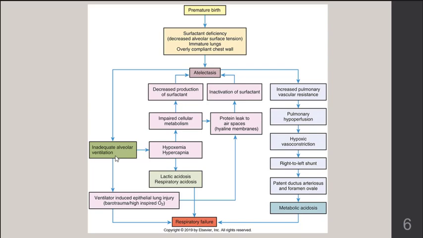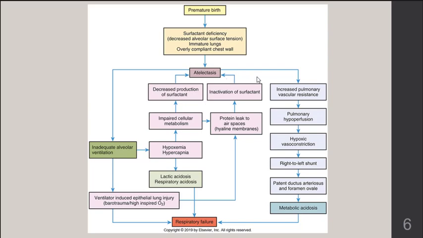In addition, inadequate alveolar ventilation can cause hypoxemia and hypercapnia. This can lead to acidosis. It can also lead to impaired cellular metabolism because we don't have the oxygen available for proper cell metabolism, which can lead to decreased production of surfactant, therefore leading again to atelectasis.